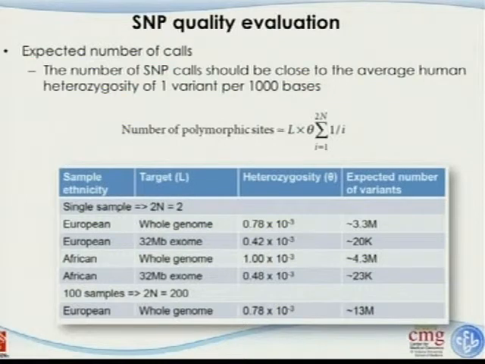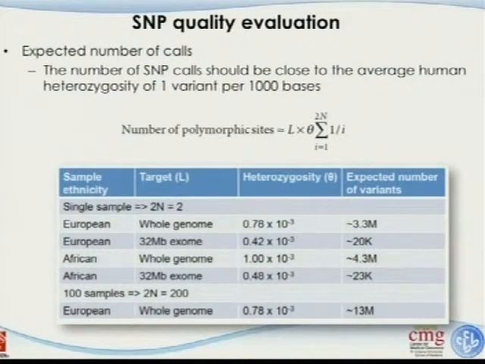So the information I want you to take a look at here is for the European population, for whole genome sequencing, you are expecting about 3.3 million variations identified. Okay? If you identify 100 million, there's something wrong. For the exon sequencing, for the 32 megabase exon sequencing, representing the total region of exon, you are expecting about 20,000.